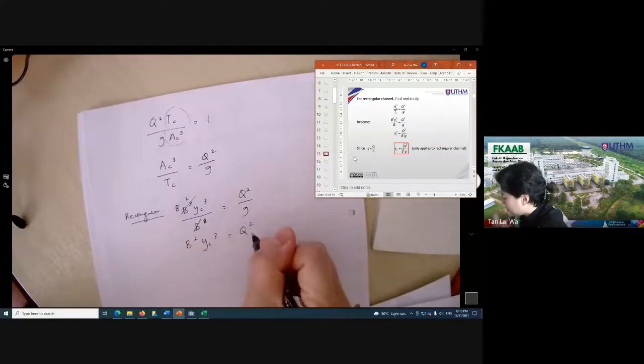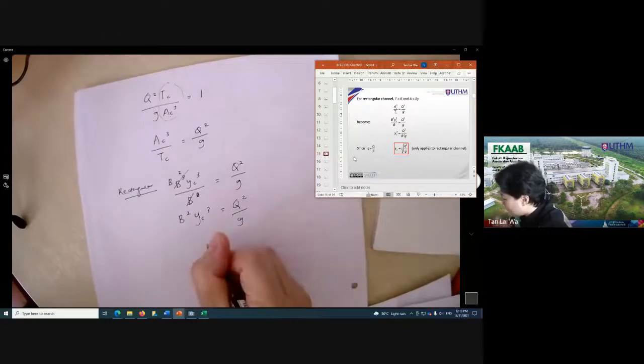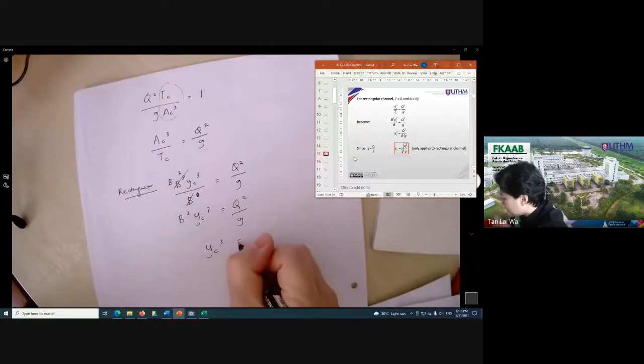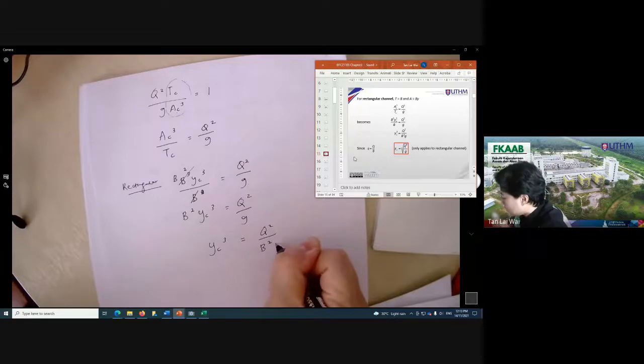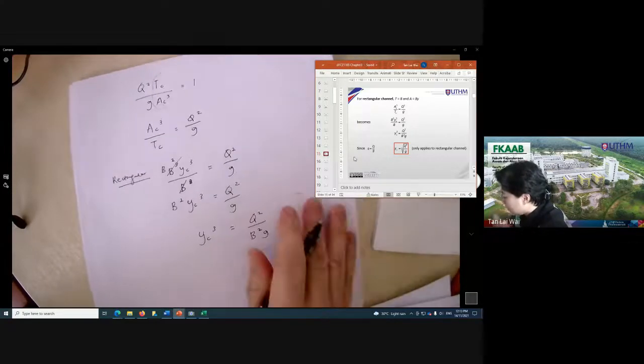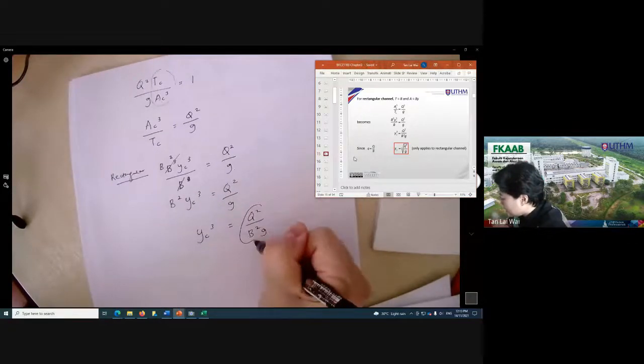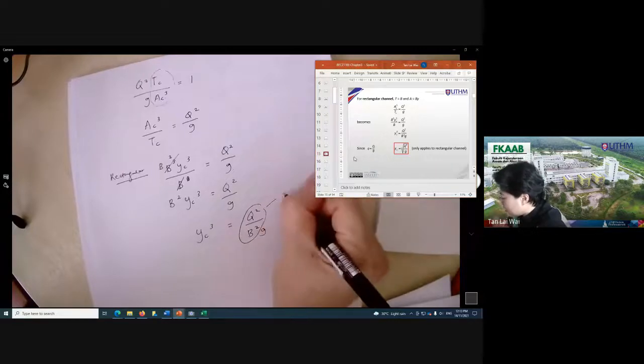Let's do it slower. So Yc cubed is equal to Q squared over B squared G. This one here is q squared.